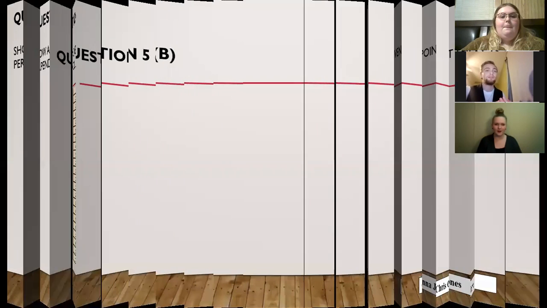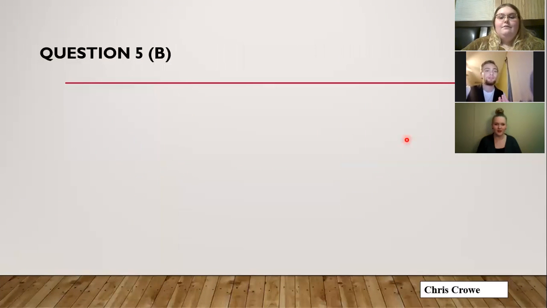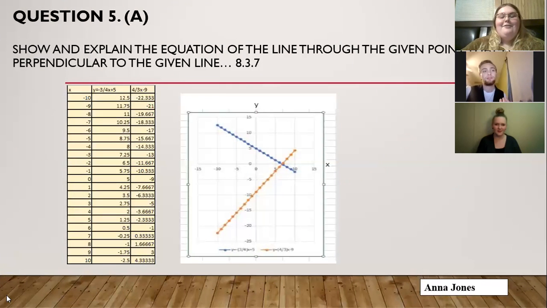And on this graph, we're actually showing a perpendicular line. On this graph, the perpendicular line, we had to find this line by using the reciprocal of the slope of the original line.